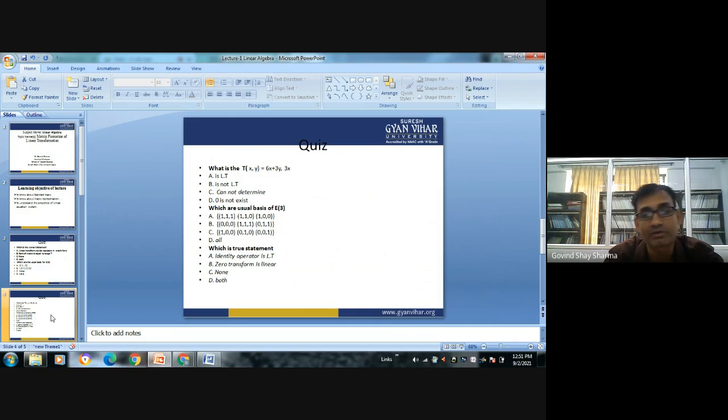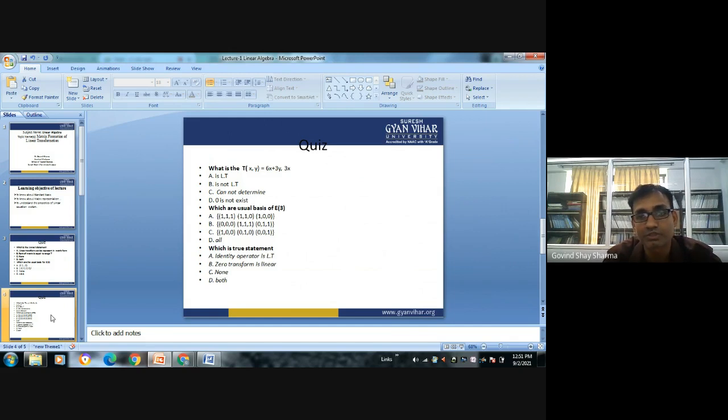Some students are confused that all these sets have three tuples, but basis means we can make each element of the set by the basis. By option A we cannot form other elements, B cannot make other elements, but with C we can make all the elements of E3. So the basis of E3 is C.